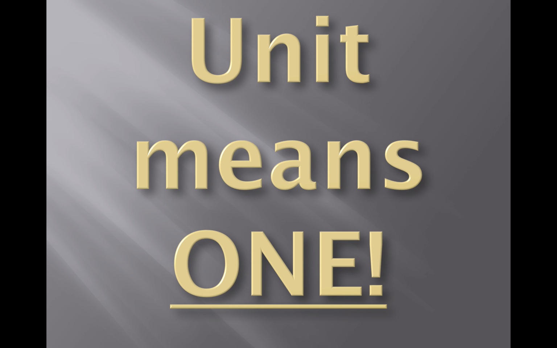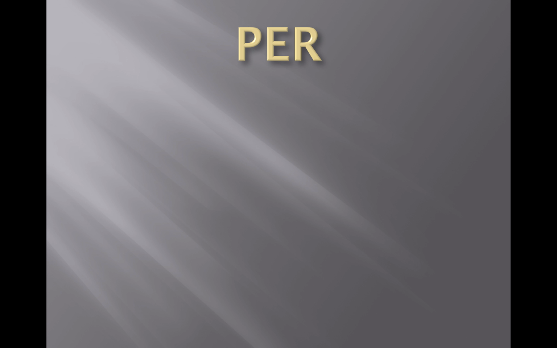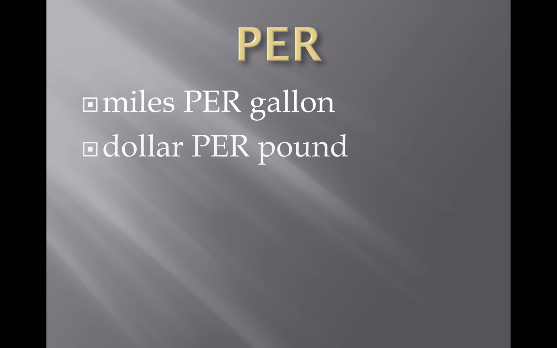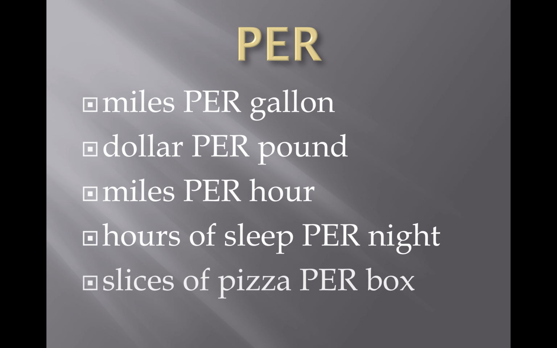Unit means 1. Per: miles per gallon, dollars per pound, miles per hour, hours per night, slice of pizza per box. So that's all in one.